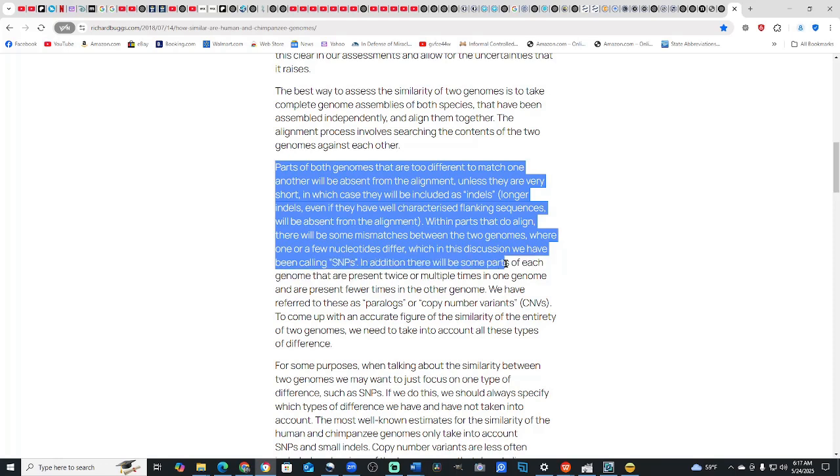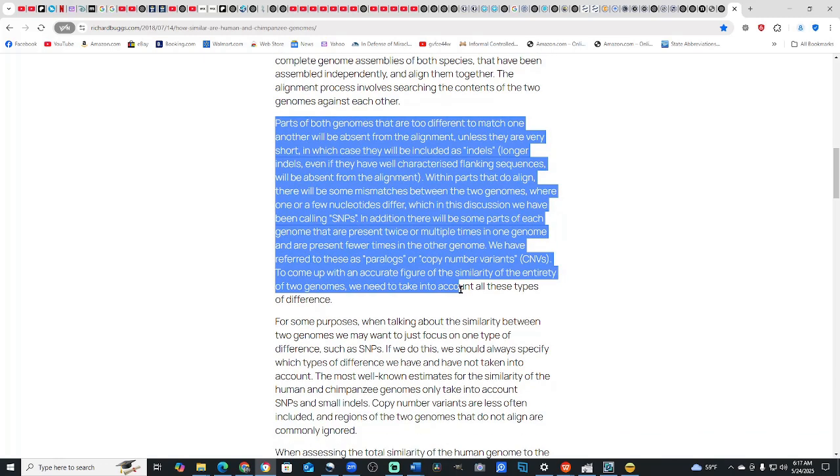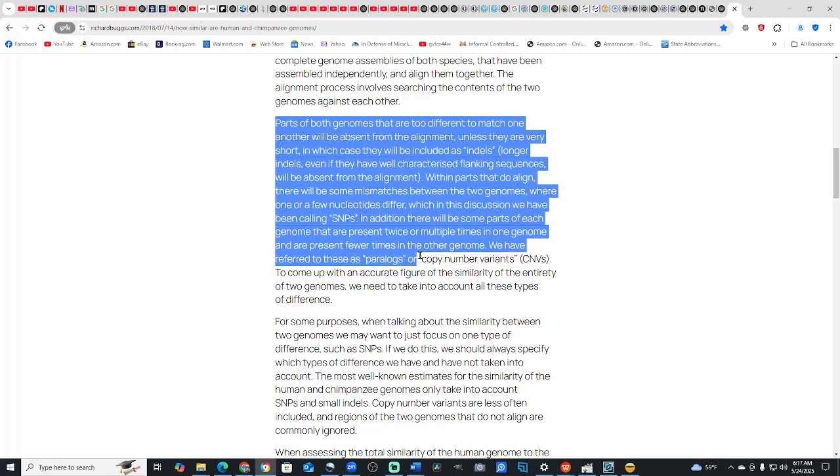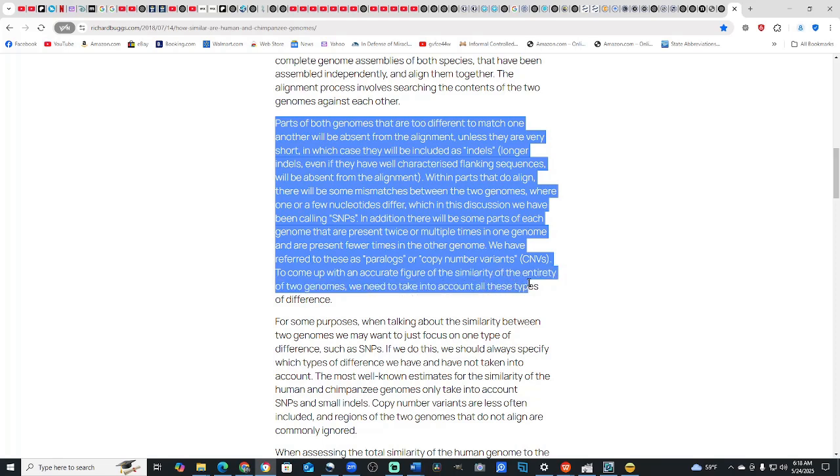In addition, there will be some parts of each genome that are present twice or multiple times in one genome and are present fewer times in the other genome. We have referred to them as paralogs or copy number variants, CNVs. To come up with an accurate figure of the similarity of the entirety of the two genomes, we need to take into account these types of differences.